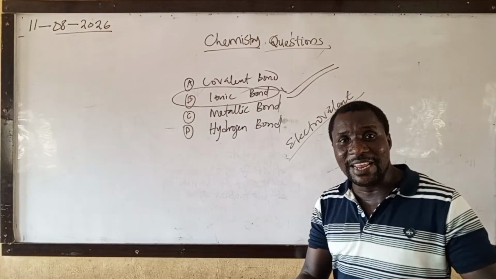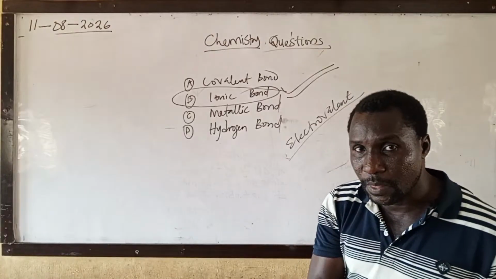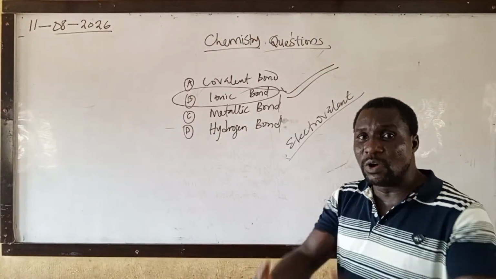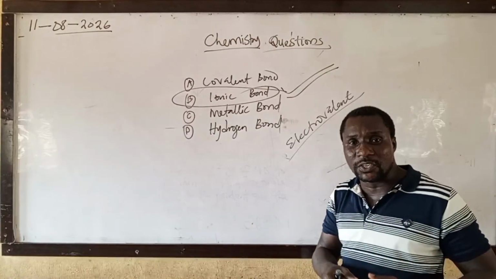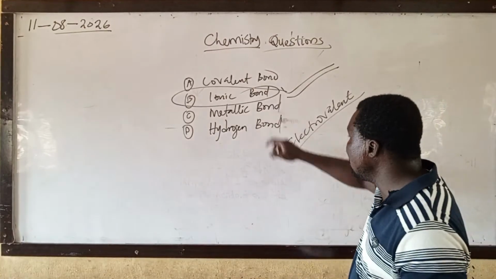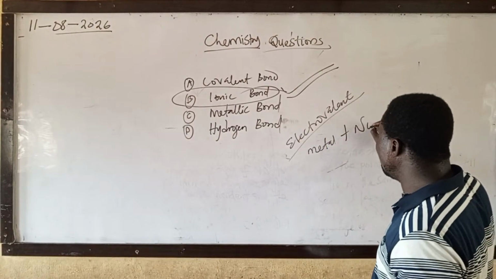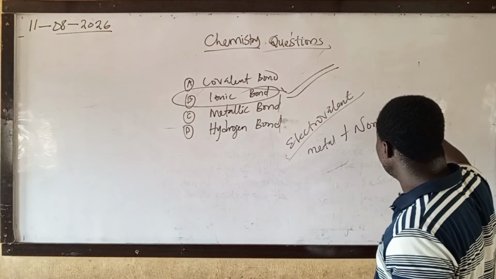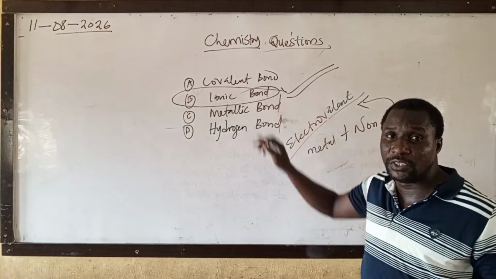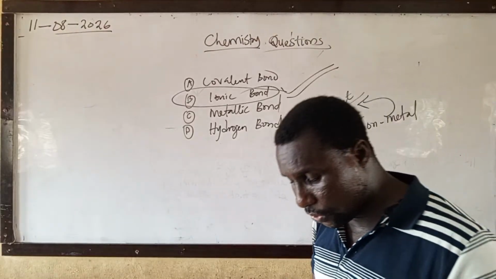The one that loses electron is known as reducing agent, which is a metal. Then the one that gains the electron is known as oxidizing agent, which is the non-metal. Any bond that occurs between metal and non-metal is known as electrovalent bond. Another name for electrovalent bond is ionic bond. Take note. That is the first question.